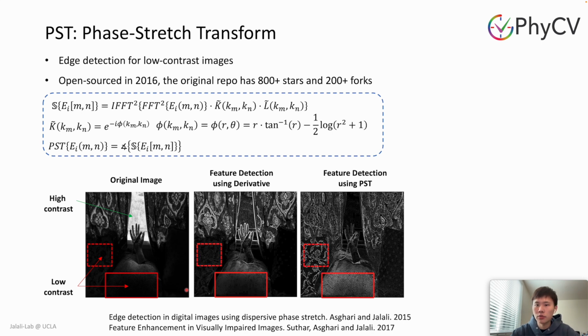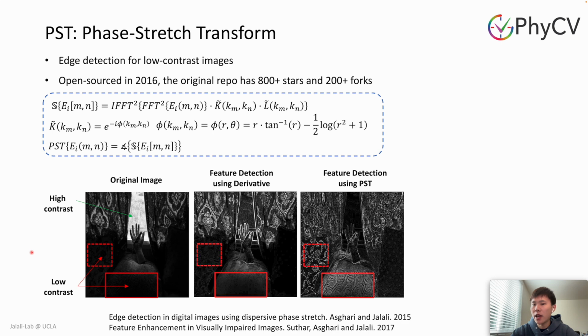PST, phase stretch transform, is the first algorithm for digital image processing that is derived from photonic time stretch. In PST, we have a virtual diffractive medium that applies a nonlinear frequency-dependent phase onto the frequency domain of the image, with a higher amount of phase applied to higher frequency features, since sharp transitions, such as edges and corners, contain higher frequencies.